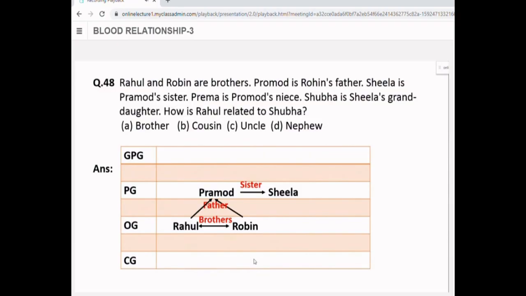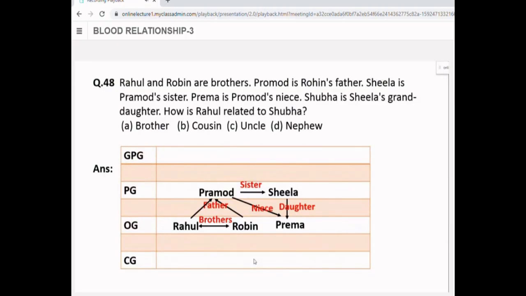If she is Pramod's niece, she has to be Sheila's, that is sister's, daughter. For Pramod, Prema is niece. For Sheila, Prema is daughter. Sister's daughter is a niece.